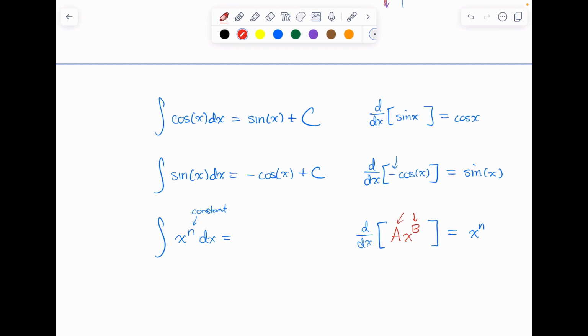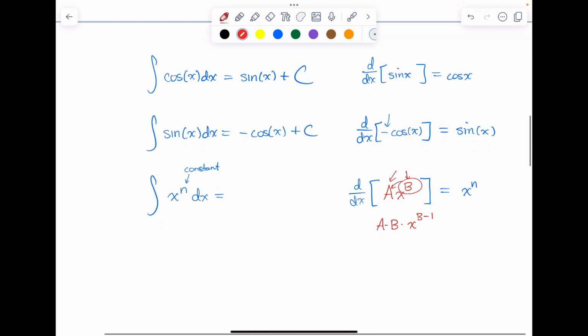The power rule says the b comes down, multiplies with the a, to get a times b times x, and then we subtract 1 off of b. So we would have b minus 1. In order for this to be equal to n, b would have to be n plus 1.